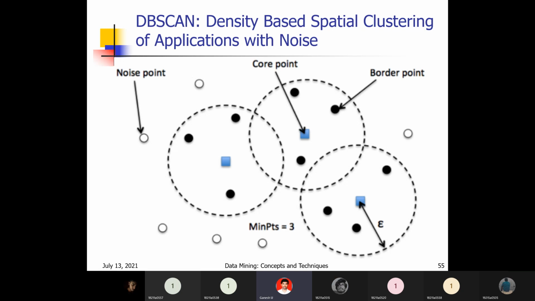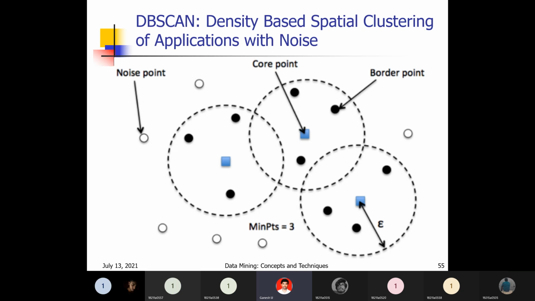Next, black circles are border points. The dashed circle represents the cluster. Next, the white circle represents the noise point. The data set consists of these 3 types of points: one is core point, one is border point, one is noise point.